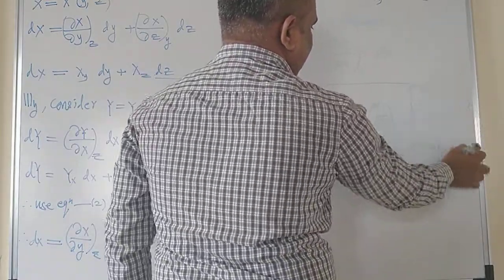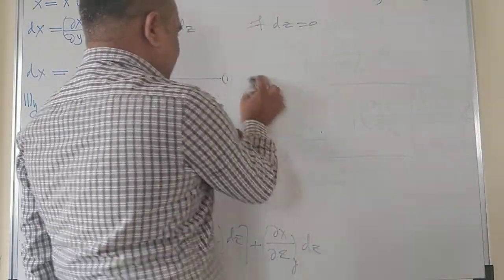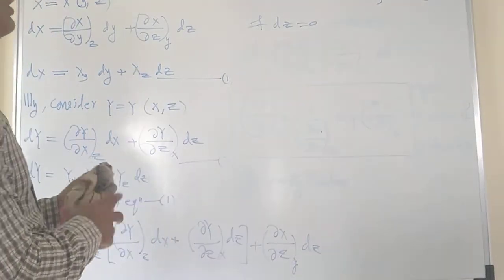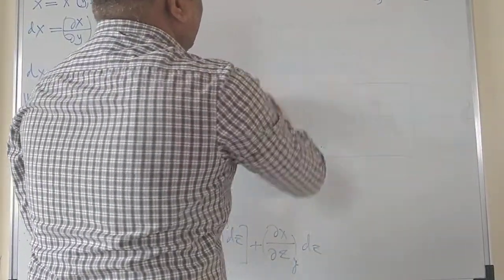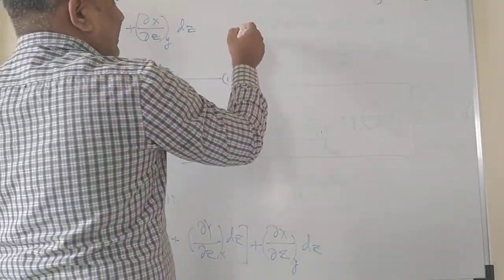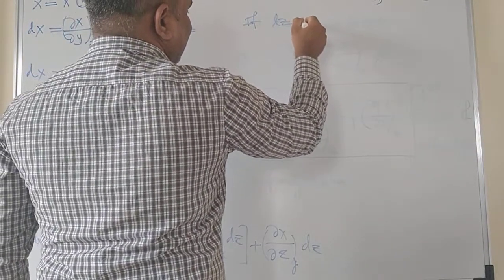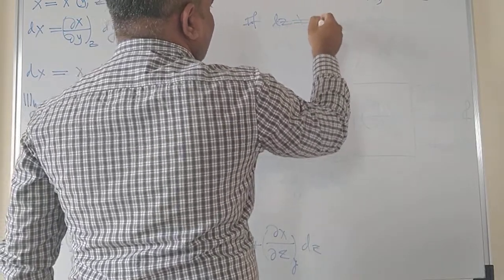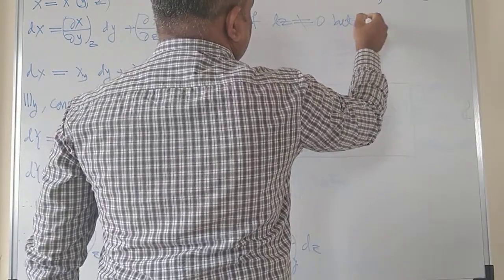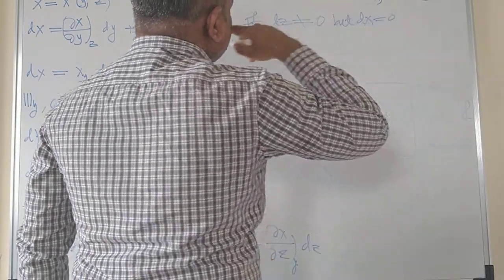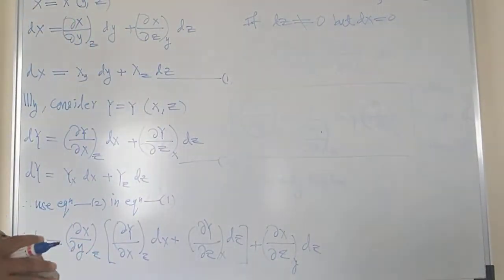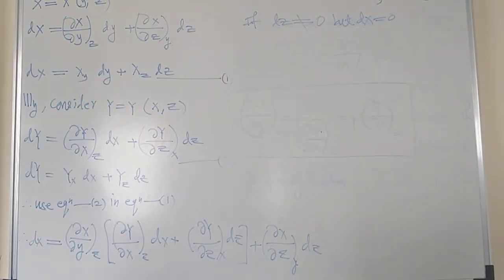Hope you have understood this first theorem on differentiation. Now in the second case, what you are considering is dz non-zero but dx equal to 0, and put these two values into this equation and rewrite the equation.